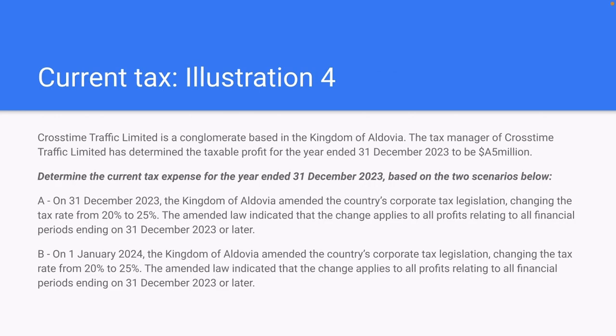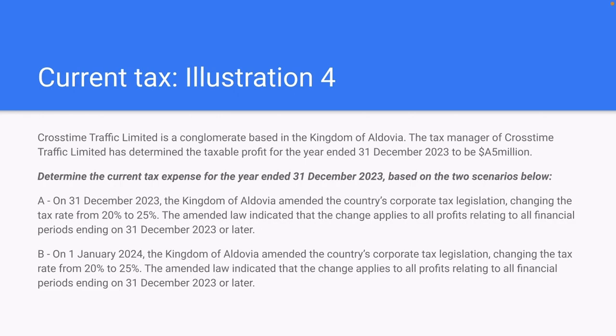Scenario 1: on 31 December 2023, the Kingdom of Aldovia amended the country's corporate tax legislation, changing the tax rate from 20% to 25%. The amended law indicated that the change applies to all profits relating to all financial periods ending on 31 December 2023 or later.